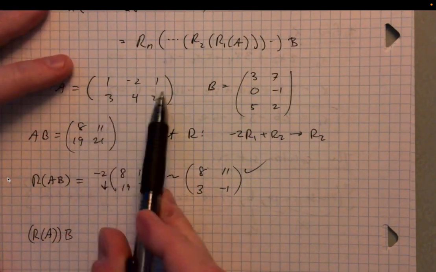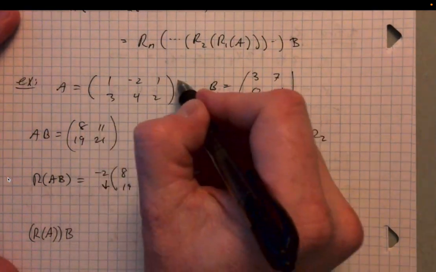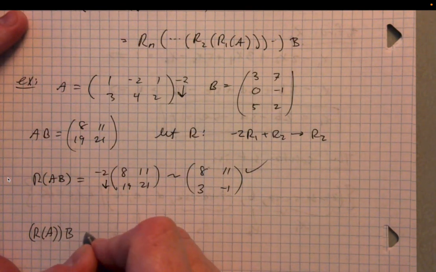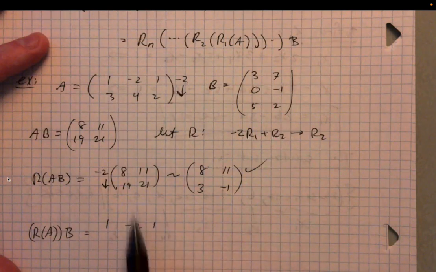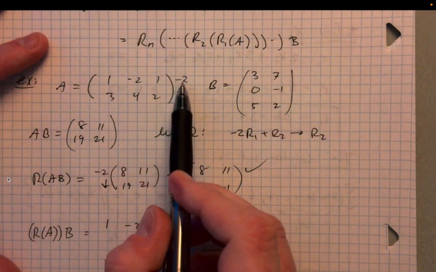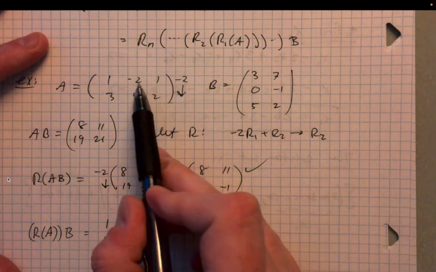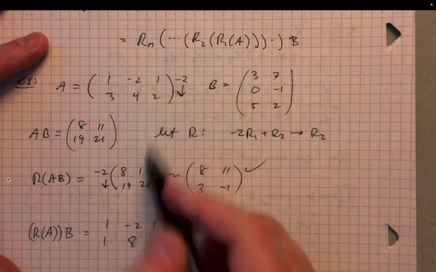Okay, and so here's my A. So what do I get when I do a negative 2 add on to this? Well, I would get 1, negative 2, 1, and then that second row, I'm going to get negative 2 plus 3 is 1. Negative 2 times negative 2 is 4, plus 4 is 8, and then 0.